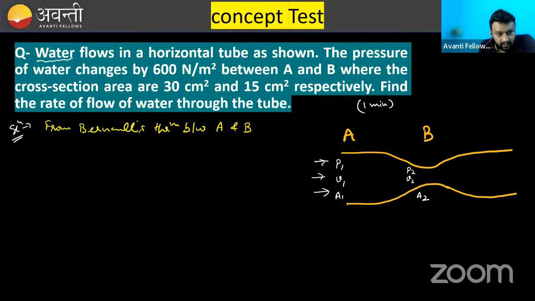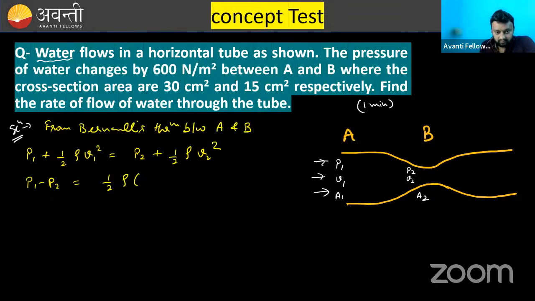So what is it? P1 plus half rho V1 square is equal to P2 plus half rho V2 square. This is very simple. Again, you can transfer the terms: P1 minus P2 is equal to half rho times V2 square minus V1 square. This is exactly the same thing that we have done previously. And P1 minus P2 is the pressure difference.